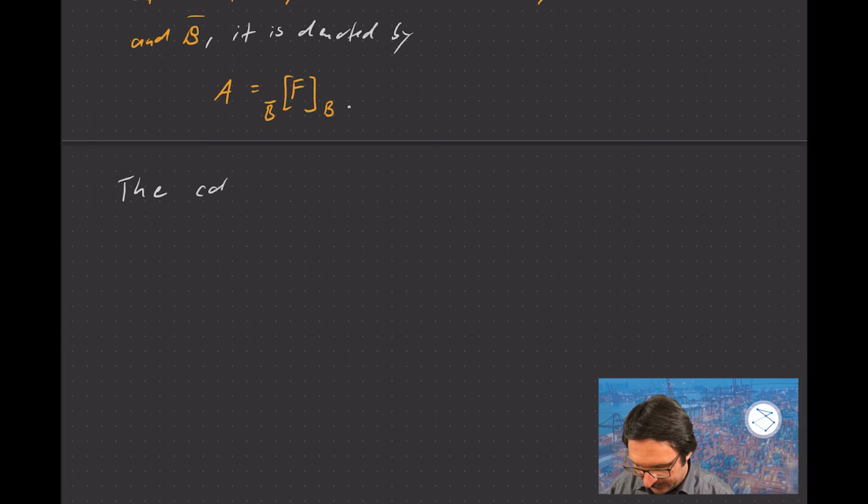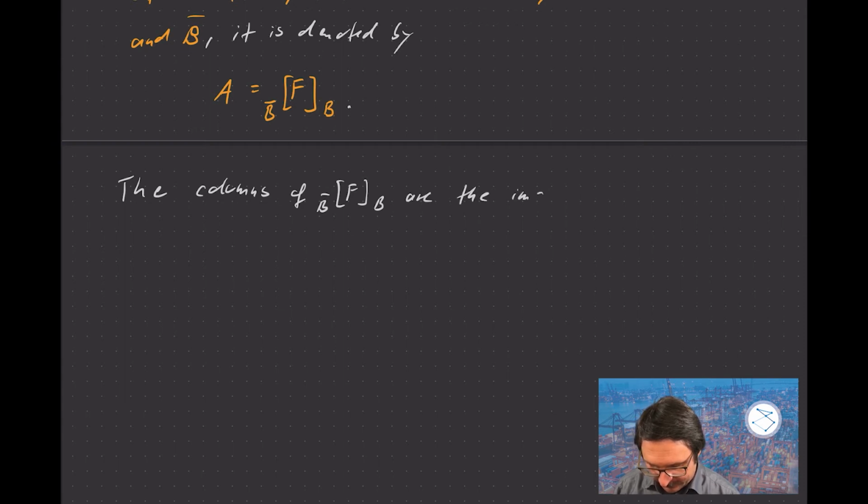So the columns of F, B, B bar are the images of the vectors in B given in B bar coordinates.